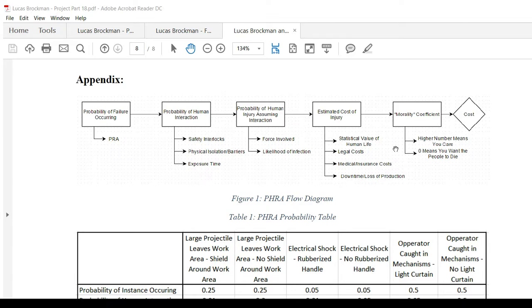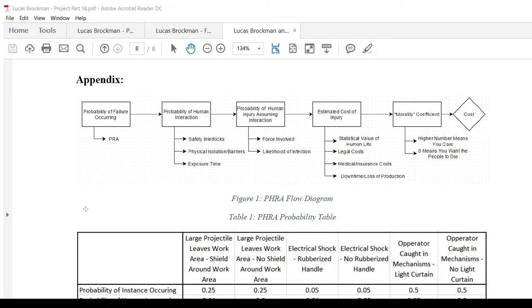So we developed a flowchart for how to accomplish this risk assessment. First, you have to calculate the probability of the failure occurring. So this would be the PRAs, the uncoupled failure flows, that kind of stuff. Then next, you have to multiply the probability of it occurring by the probability of human interaction.